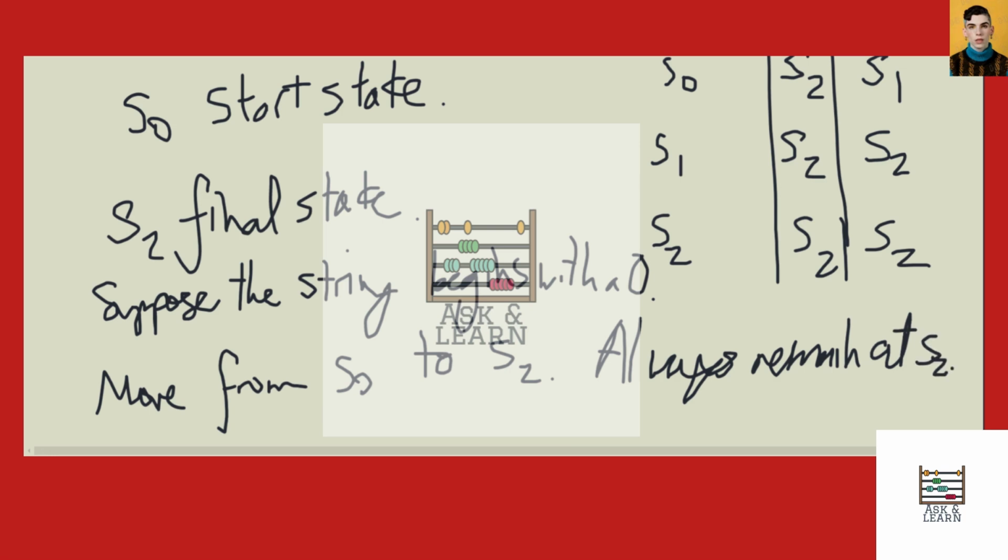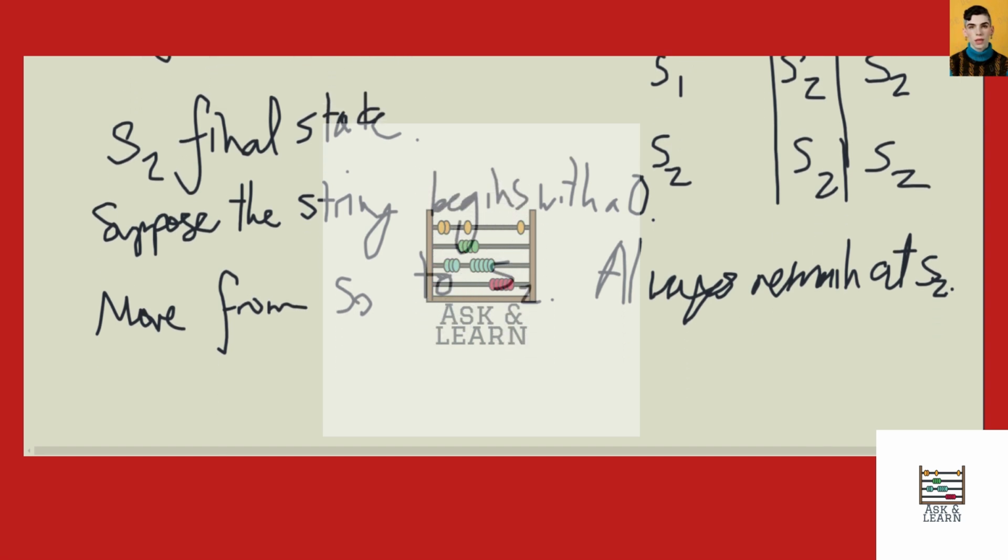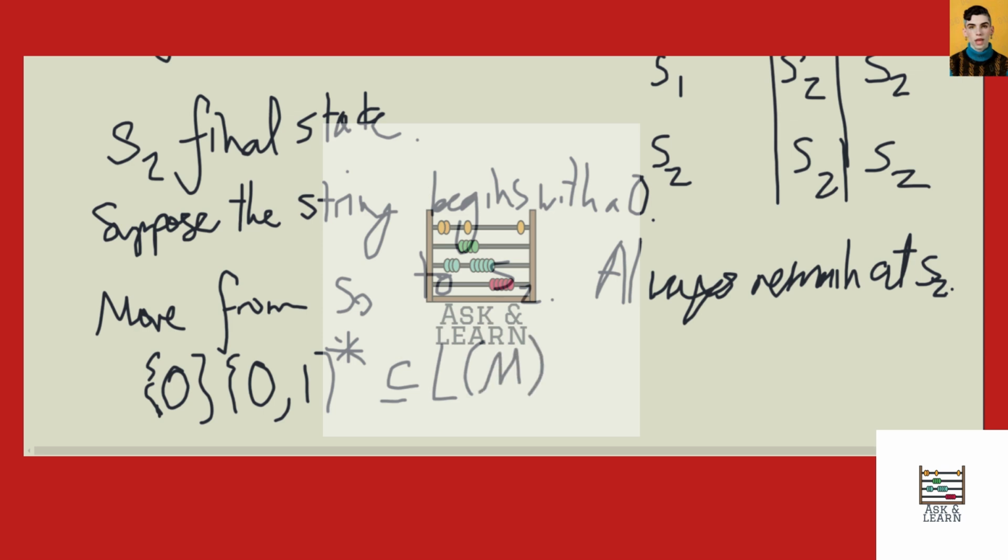This is a problem because S2 is not a, well, S2 is the final state. Sorry, it's not a problem. So it follows that any string starting with a 0 is included in the recognized language. So I'll write this in set notation as the concatenation of the set containing 0 and the Kleene closure of the set containing 0 and 1 is a subset of the recognized language.